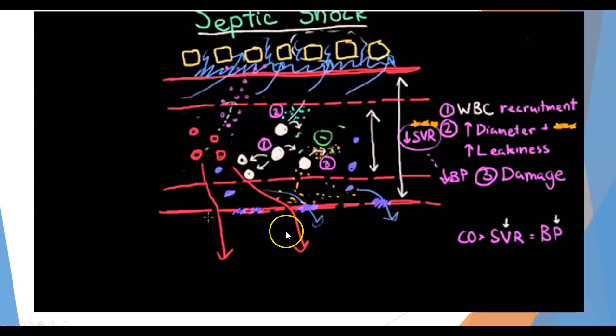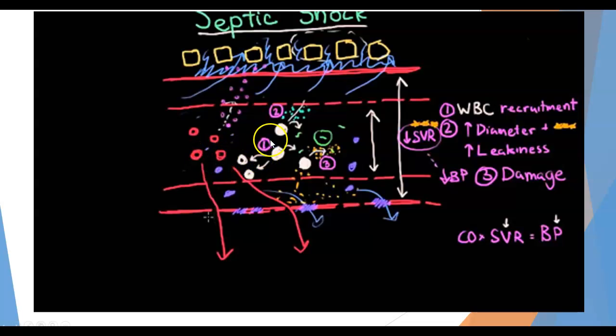So we're leaking volume. That's a problem. That becomes the hypotension. And then now we are looking at our fluid interrupting tissue perfusion as well. So this blue stuff here is representing the fluid that's now leaking out around the tissues.